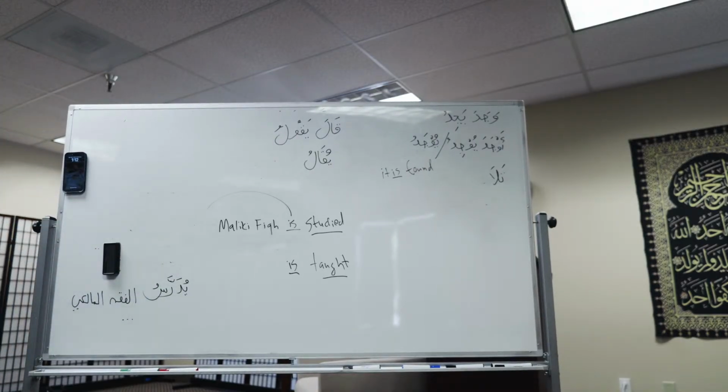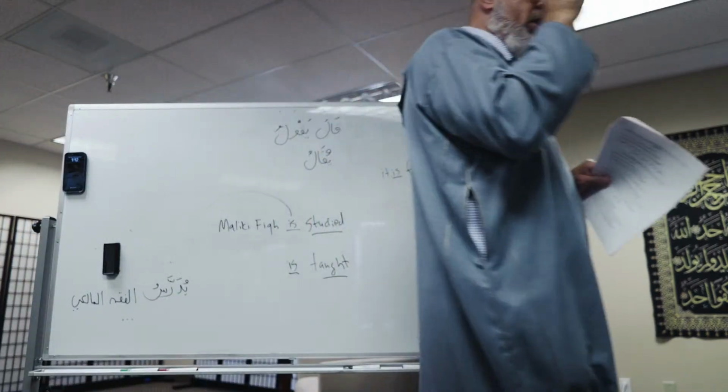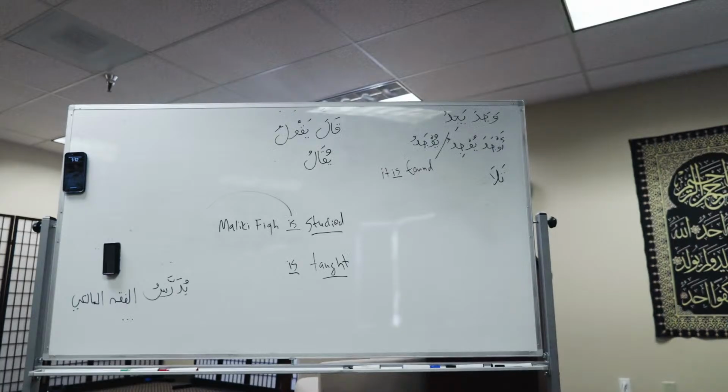And فَسَوْفَ. Now note this. You can negate a present tense verb, like وَلَمْ يَكُنْ, and it is not. You can say ثُمَّ يُقَالُ, and it is said.